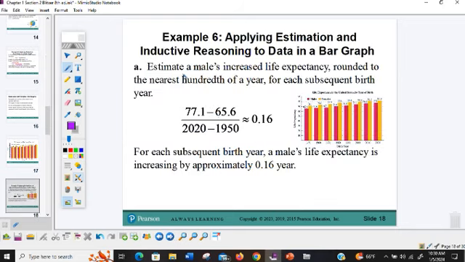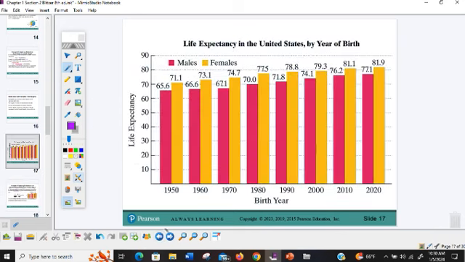So let's see what we're going to do. It says estimate for males, the red lines, their increased life expectancy rounded to the nearest hundredth, that's 2 places past the decimal, of a year for each subsequent birth year. So we want to know overall how much it is increasing. We're going to start with 77.1 and 65.6, so over those years it increased.